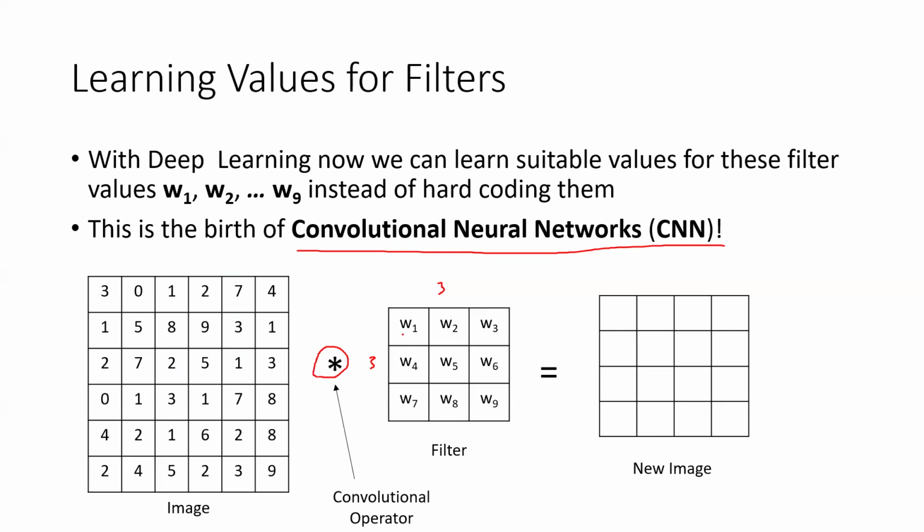And then we try to learn the best values for these weight values, so that it would be giving the best resultant image, right? This learning technique is known as convolutional neural networks, because you are using the convolutional operation on the image, right?